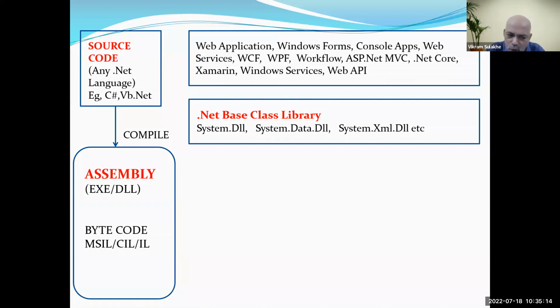But in .NET, you will not call it bytecode. In .NET, don't call it bytecode. .NET has given a name to its bytecode. And in .NET, this bytecode that you're getting in the assembly is called IL, or intermediate language.